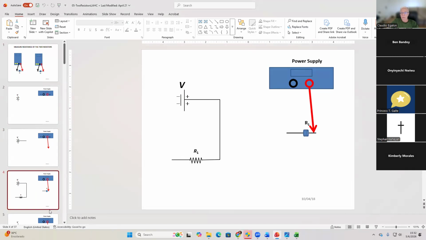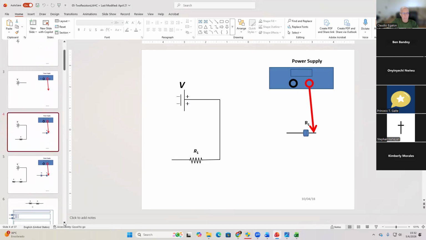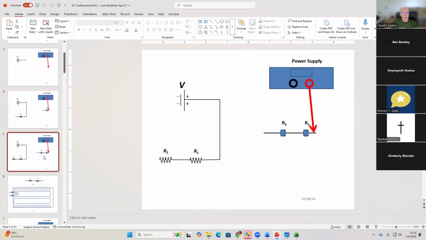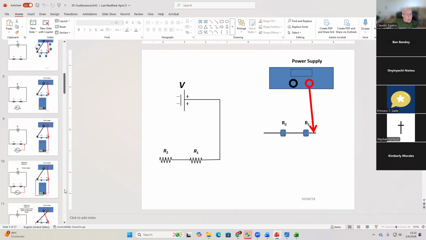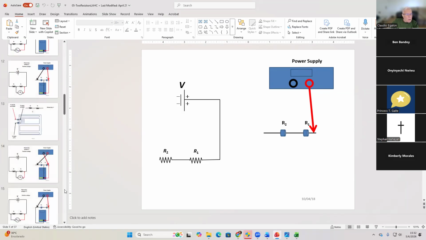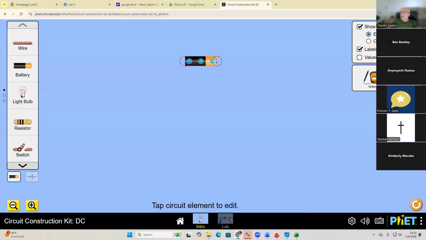The red cable goes to resistor 1. Resistor 1 is connected in series with, wait a minute, why in series? No, it's supposed to be in parallel. Did I get the right one? It's like I got the wrong one, yeah, I got the wrong one.